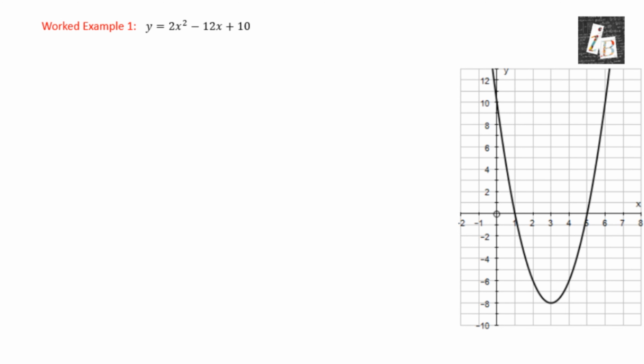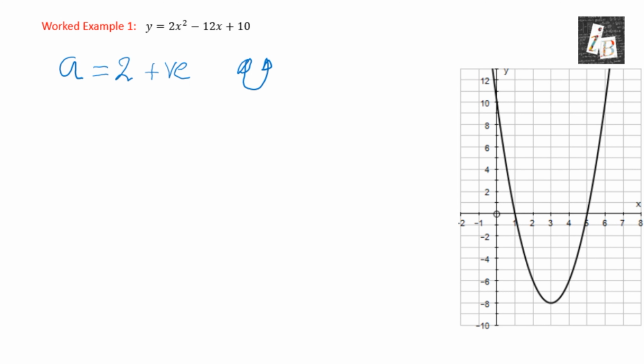Now we will do example 1, which will make us go more deeply to know how to analyze the quadratic equation. As we see, y equals 2x squared minus 12x plus 10. Here a is equal to 2, which means positive, so we could predict that the parabola will open upward. We could say that it will be concave up.